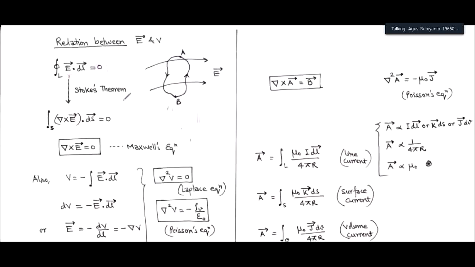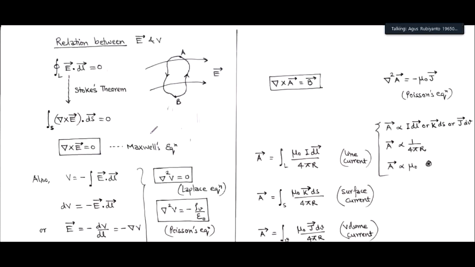Now we consider Stokes theorem, that is the relationship of the closed line integration and surface integration. So closed line integration E dot dl vector is equal to surface integration curl of E vector dot ds vector, and it is equal to 0. From here we get another Maxwell's equation, that is curl of E vector equals 0. That is called a Maxwell's curl equation.